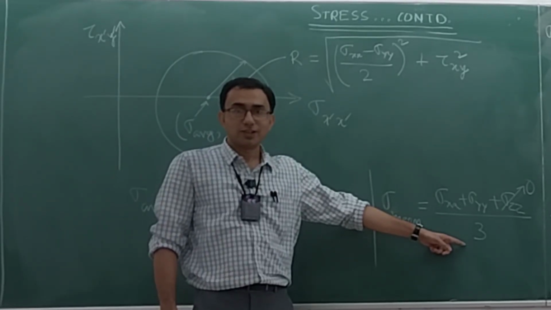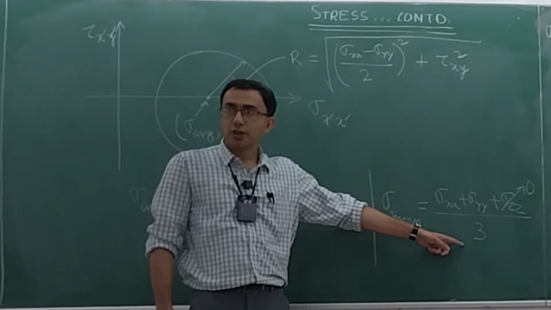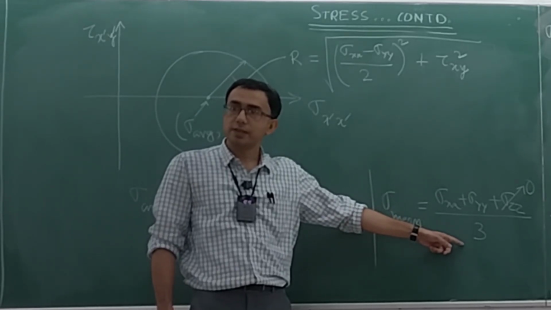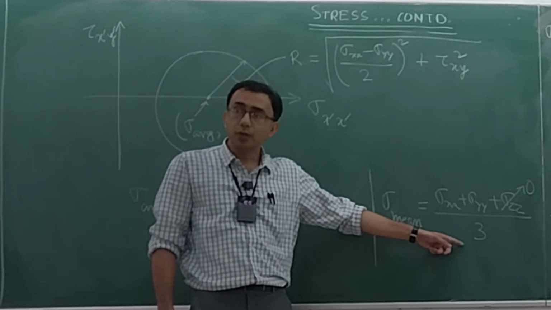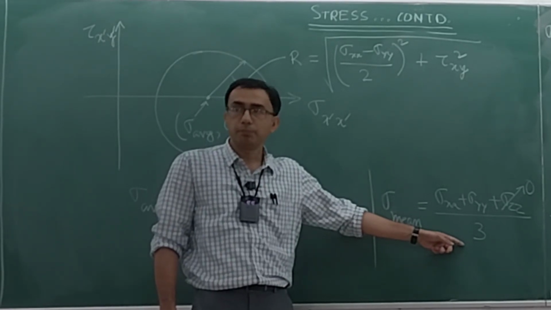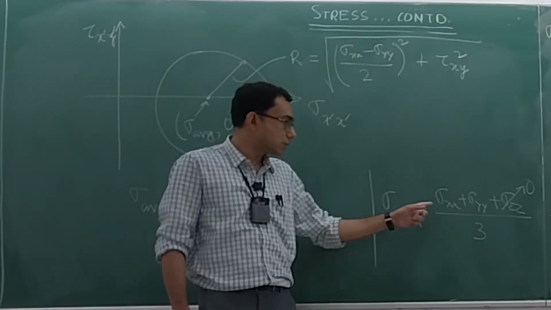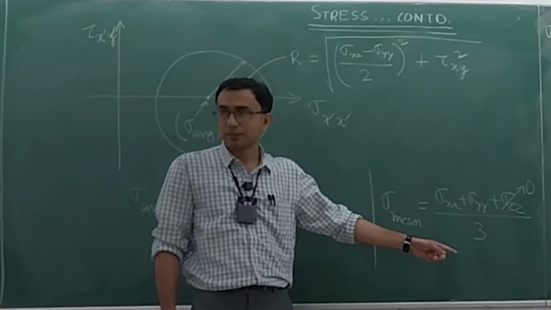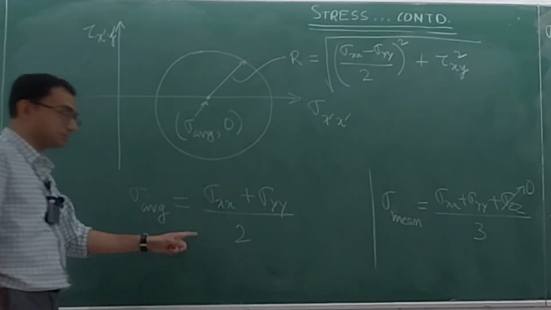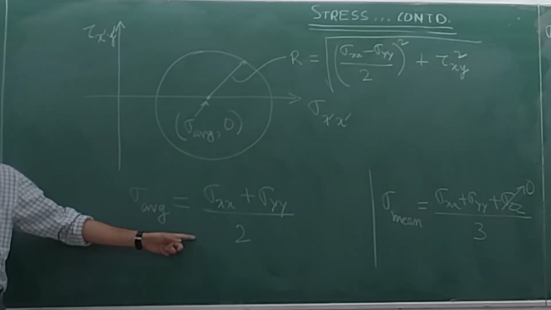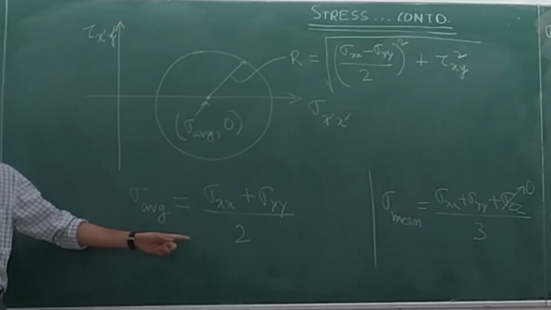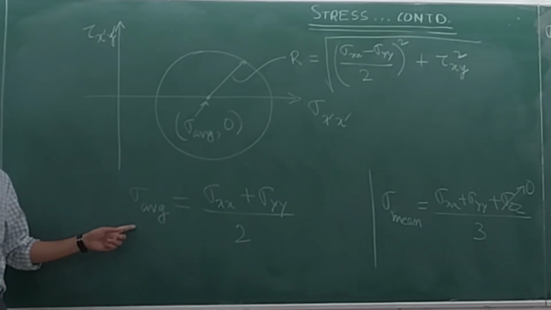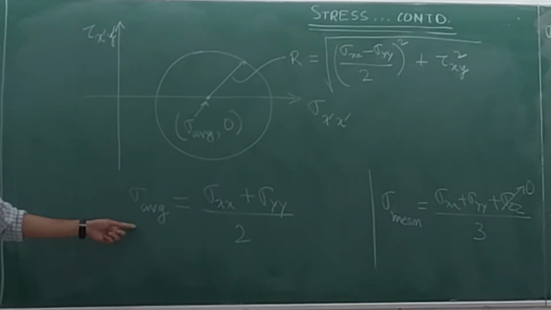So if in the plane stress condition you really want to write the true mean stress, then it should actually be (sigma xx plus sigma yy)/3, not 2. The 2 version is the thing which will be useful for solving problems. That is why I am saying this is sigma average with an asterisk. This is the Beer and Johnson average.